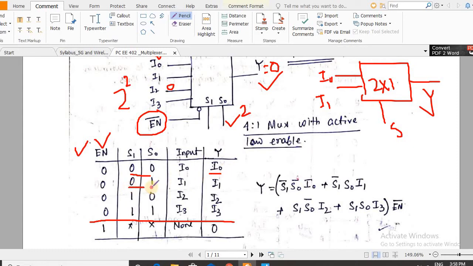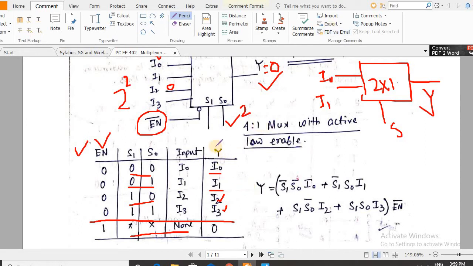Similarly, if we select 0, 1, y is equal to I1. If we select 1, 0, y is equal to I2, and for 1, 1, y is equal to I3. And if we apply 1 to enable, then nothing will work. So the IC will be deactivated, the 4 cross 1 mux will be deactivated.